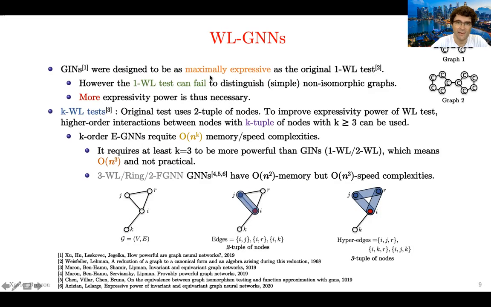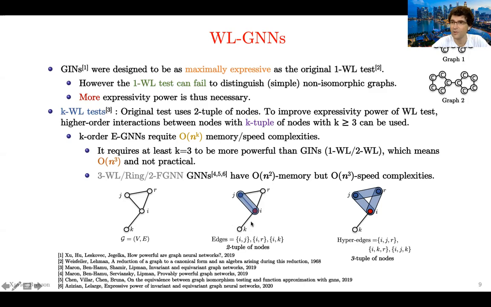GNNs were designed to be maximally as expressive as the original WL test, but the original WL test can sometimes fail to distinguish some simple non-isomorphic graphs like these two graphs here. So we need more expressivity power. For this, Maron, Lipman, and their collaborators developed a new GNN based on higher-order interaction between the nodes.